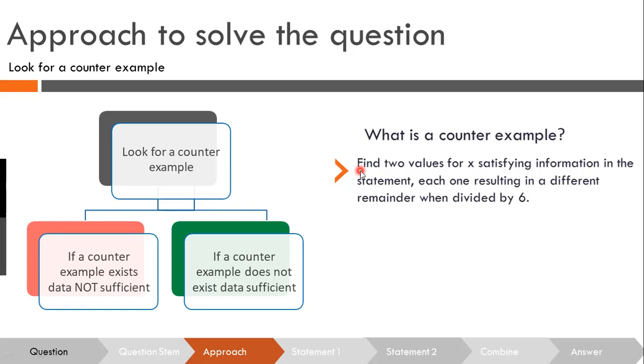Are you getting this? Then what is the counterexample? A counterexample means that as many examples as you take, every time you are distracted from the right answer; you get a different answer, not a unique answer.